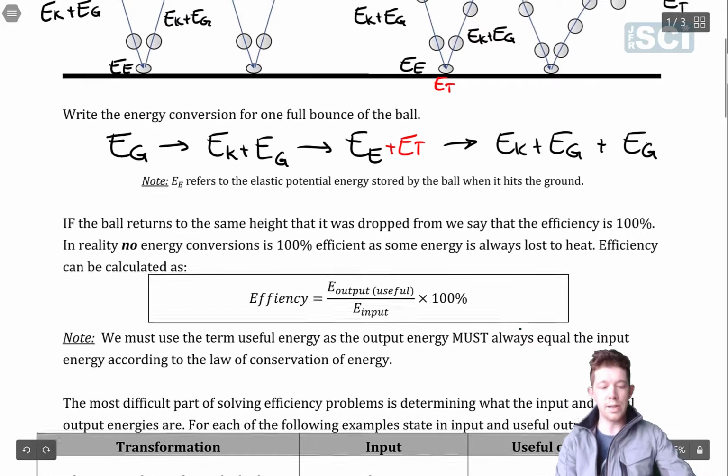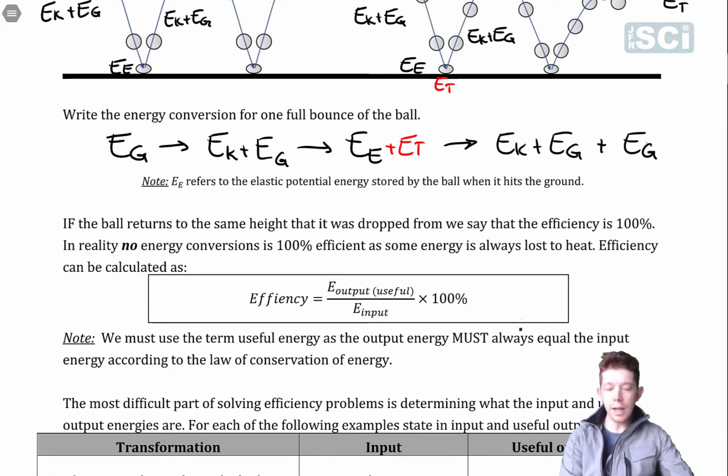So how do I actually calculate this? Efficiency can be calculated as the ratio of the output energy, or the useful energy, to the input energy, or the amount of work that I put into our system. And then I multiply by 100% to make it a percentage.